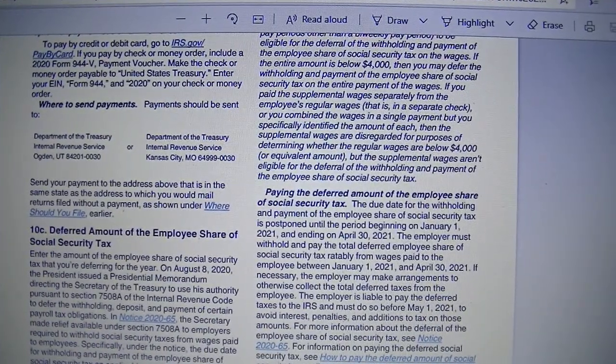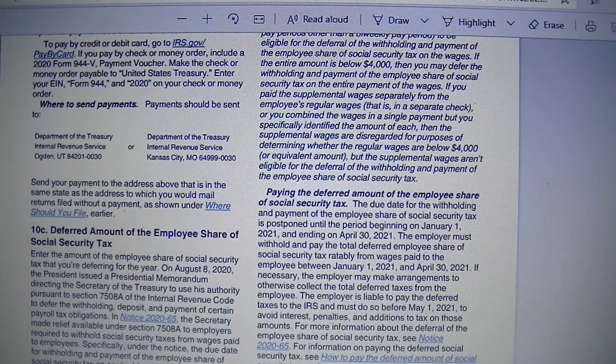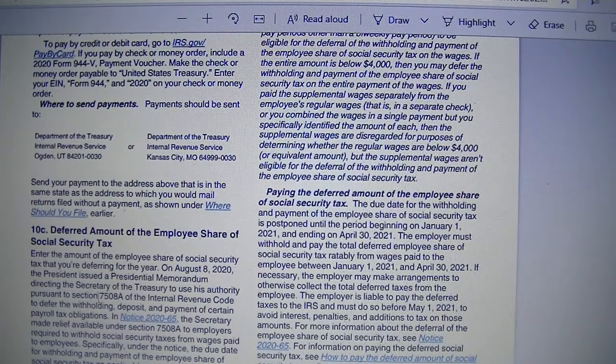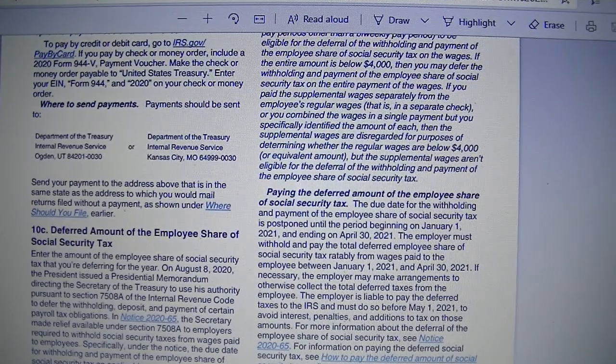So, deferred amount of the employer share of Social Security tax. Enter the amount of the employer share of Social Security tax that you are deferring for the year. On August 8, 2020, the President issued a presidential memorandum directing the Secretary of the Treasury to use his authority pursuant to this section to defer the withholding, deposit, and payment of certain payroll tax obligations.